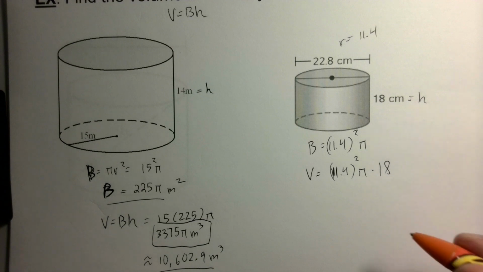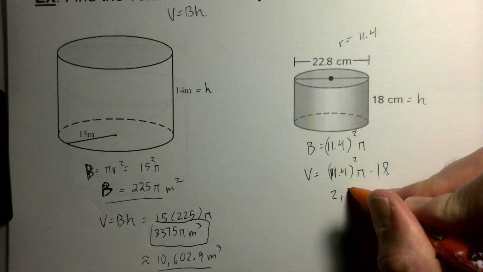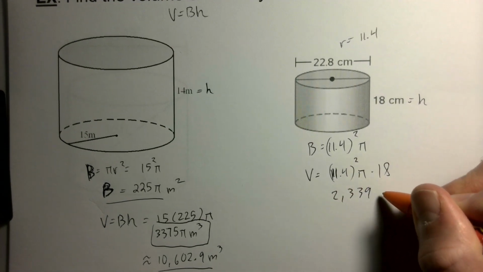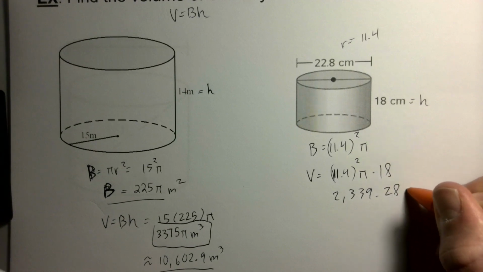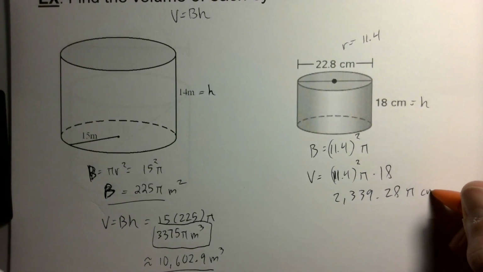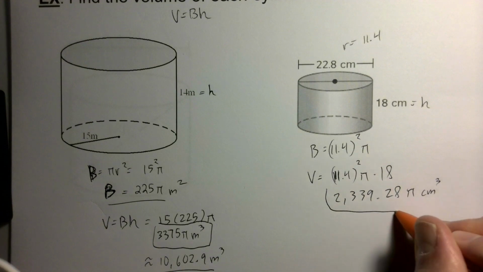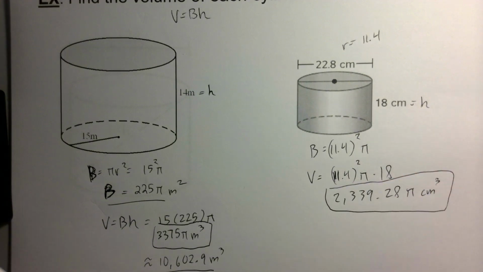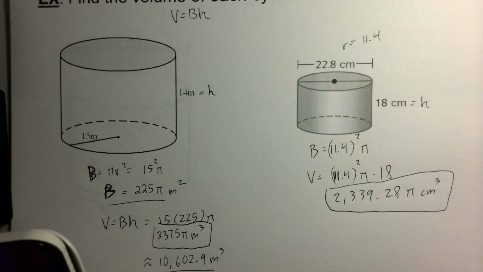If you leave it in exact form, that would be 2,339.28 pi cubic centimeters. And if you want to round off, if it tells you to round off, use that pi button. If you use 3.14, it'll be really close, it just won't be the same.